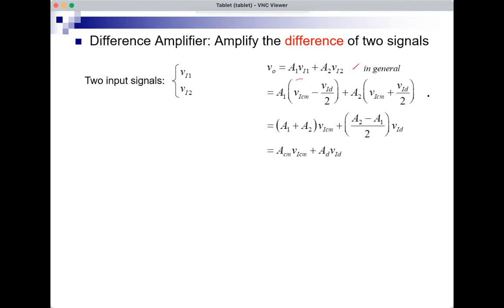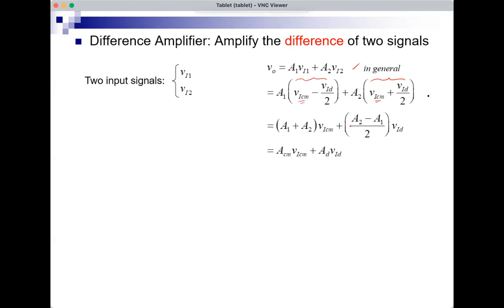But VI1 is this expression, and VI2 is this expression. So A1 times VICM minus VID over 2, that's A1 VI1, plus A2 times VICM plus VID over 2, that's A2 times VI2. Okay, so let's collect the terms that have VICM.